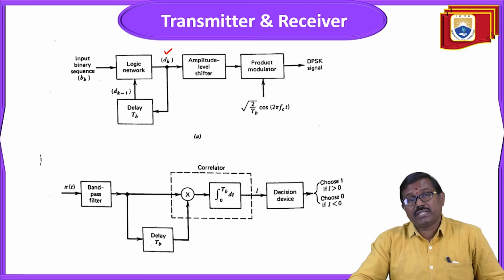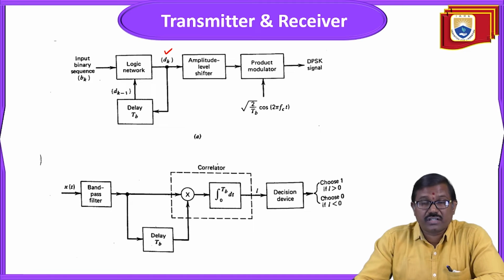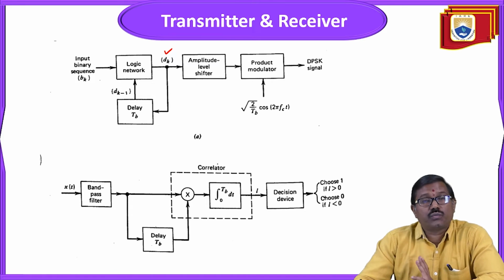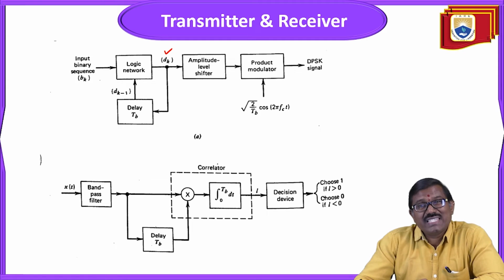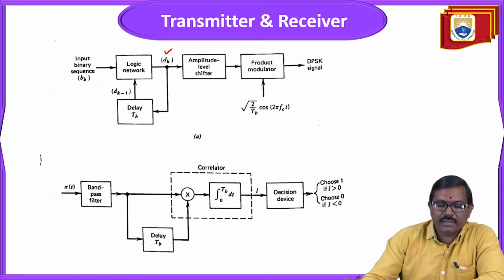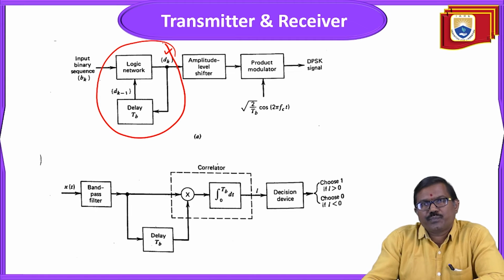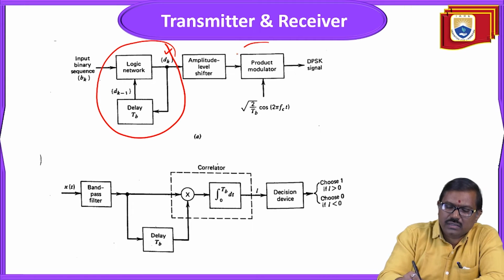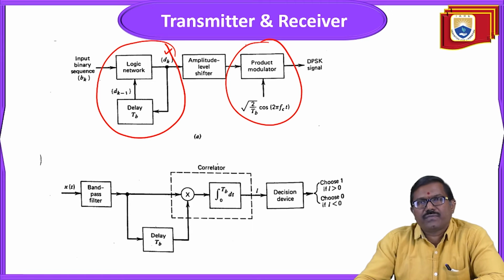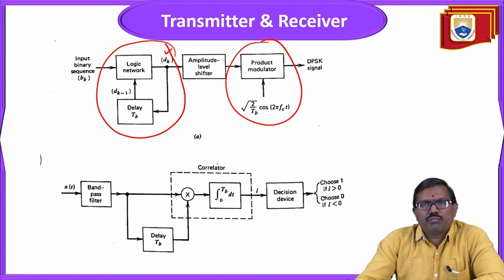Already we said that at the start of DPSK, two operations are done at the transmitter. What are the two operations? One is differential encoding, this is the first part, and then PSK, so this is normal PSK.